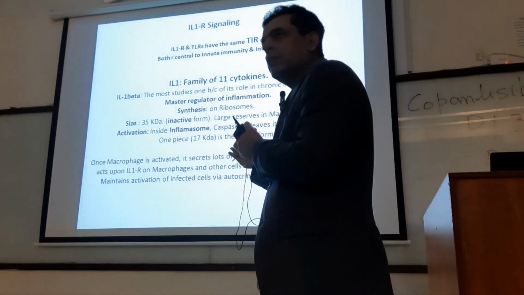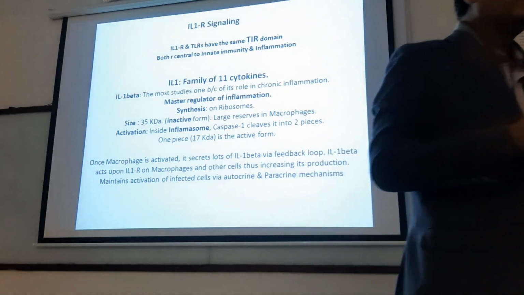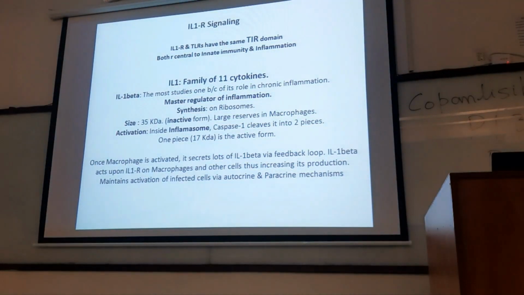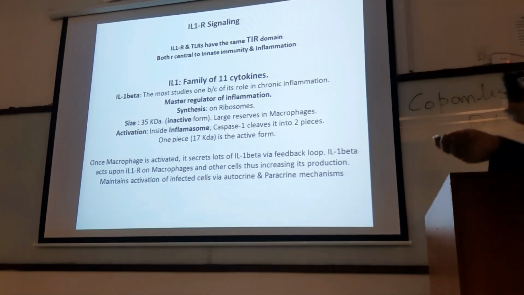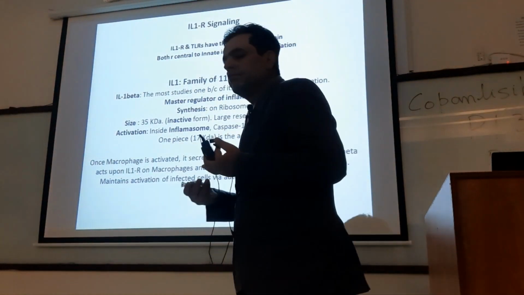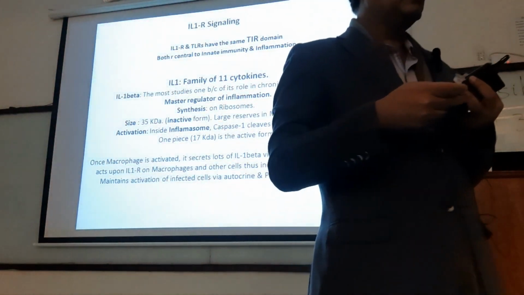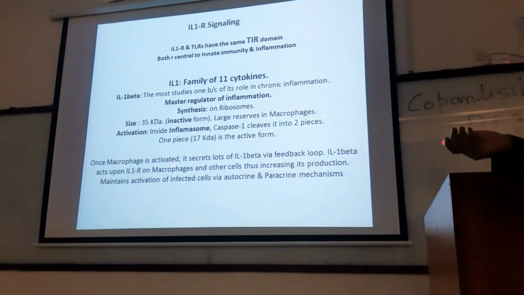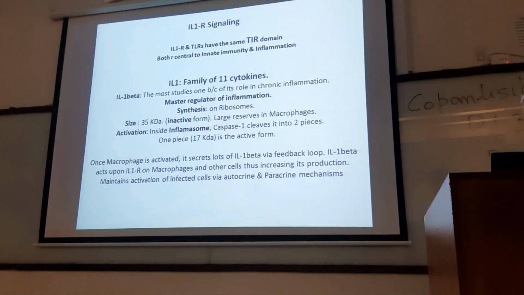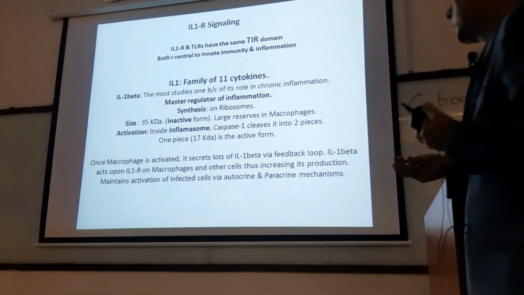Procaspase 1 is the inactive form of the enzyme known as caspase 1. The procaspase 1 first self-activates in the inflammasome, that structure which is made of different peptides.